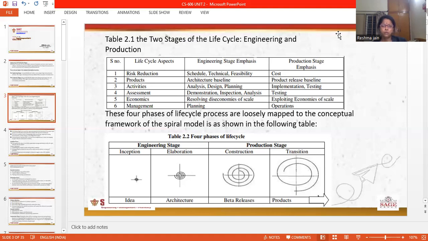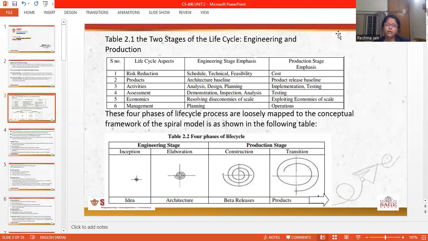These four phases of the life cycle process are loosely mapped to the conceptual framework of the spiral model, shown in the following table. Inception and elaboration come under the engineering stage, and construction and transition come under the production stage. In inception, the idea is a very tiny circle.